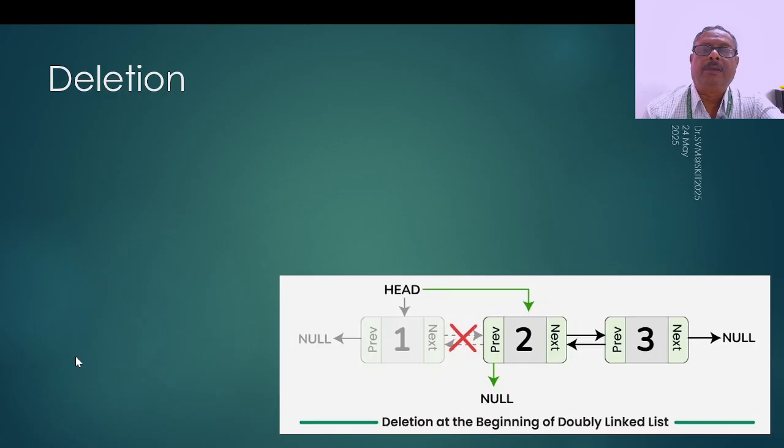The third possibility is the node we wanted to delete maybe after a node having a particular key, or the fourth option maybe we want to delete a node at a particular position in the doubly linked list, and finally we would like to delete the last node of the doubly linked list. Let's see one by one.